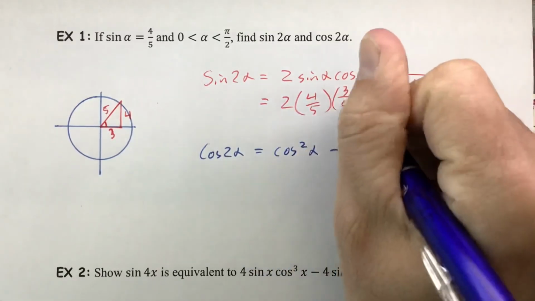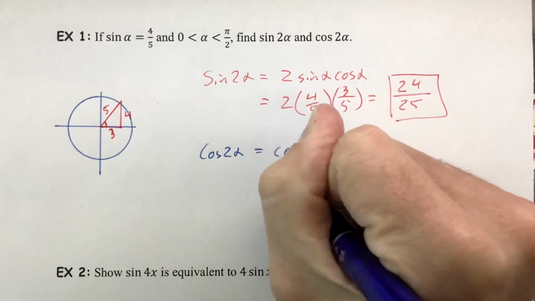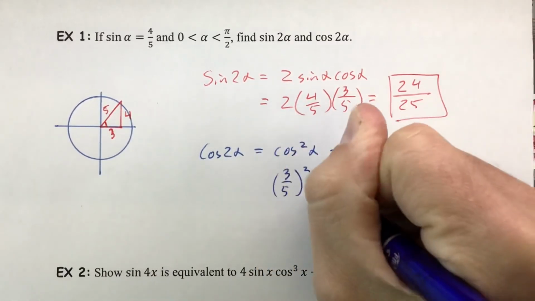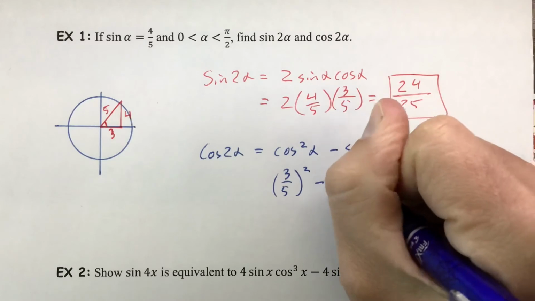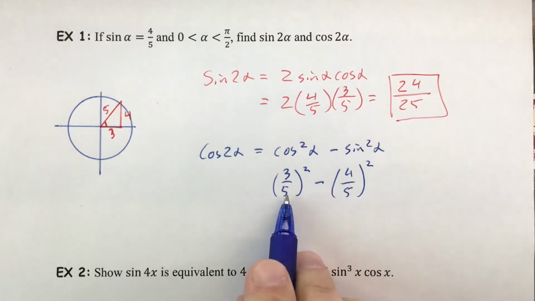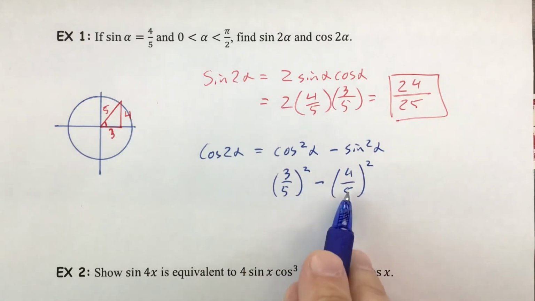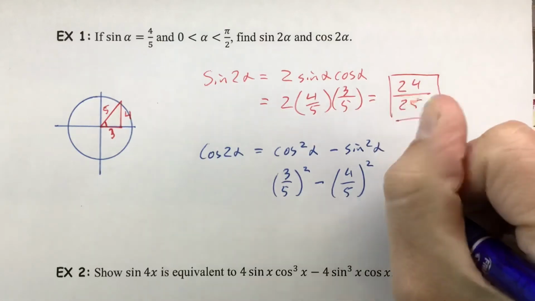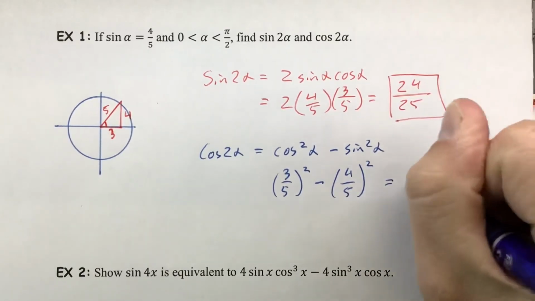All right, so cosine is 3/5, so that'll get squared, and then we're going to subtract 4/5 squared. When they square, you're going to get denominators of 25 here and there. Okay, so that's kind of convenient because it matches up to what we've got happening there. So it is going to be 25.